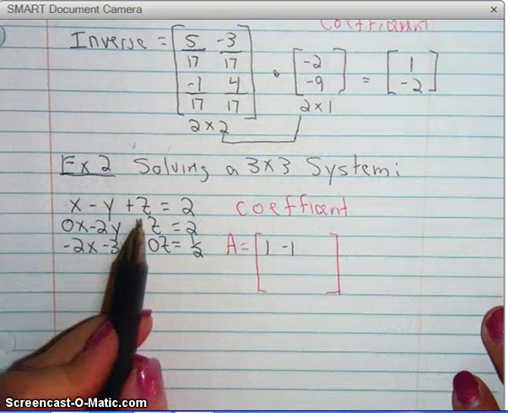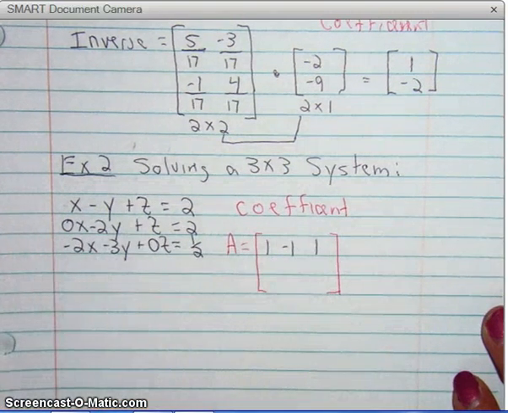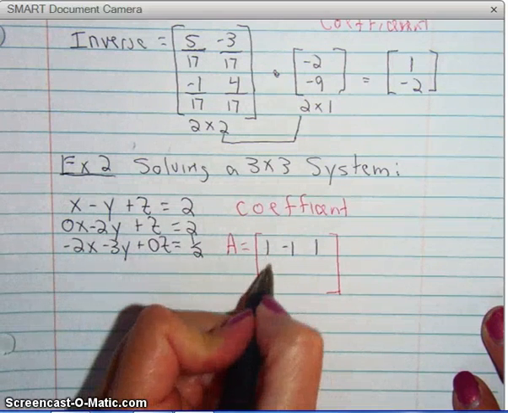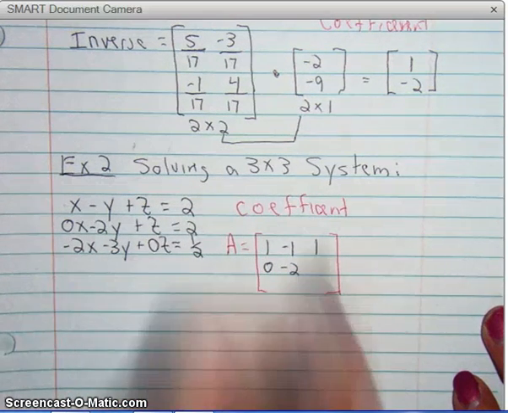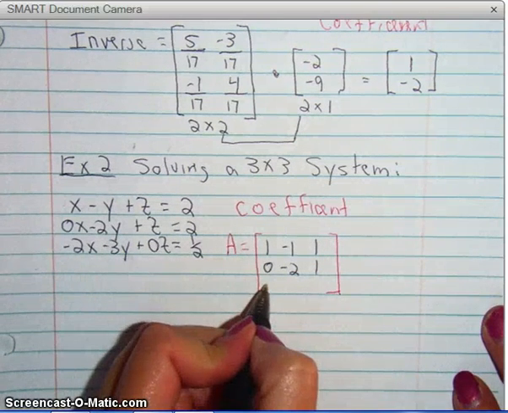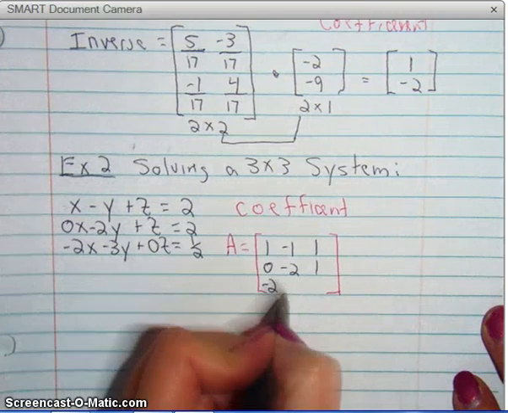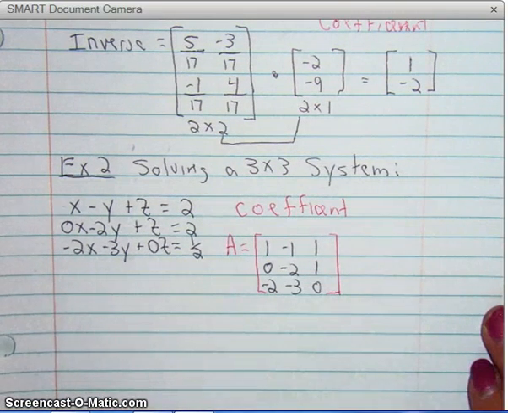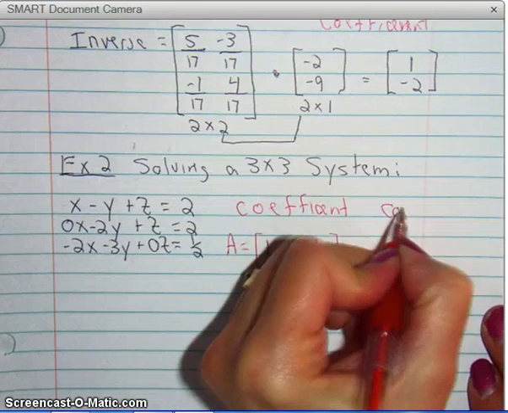And? 1. Good. Awesome. Drew, second row. 0. Yep. Negative 2. 1. Good. Okay. And then Remy, third row. Negative 2, negative 3, 0. And 0. All right.